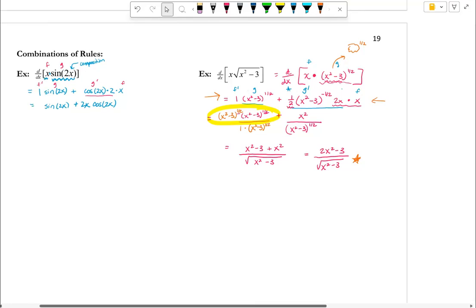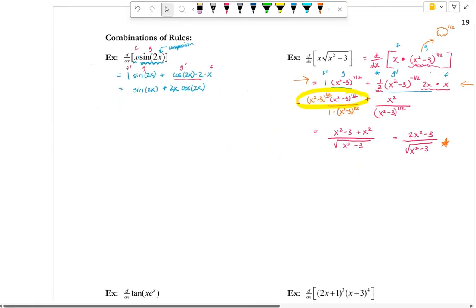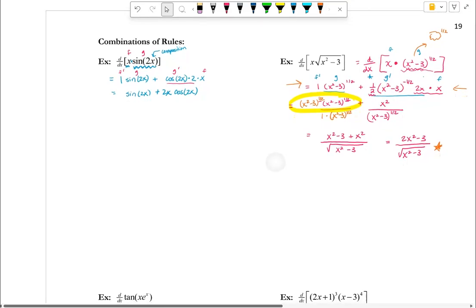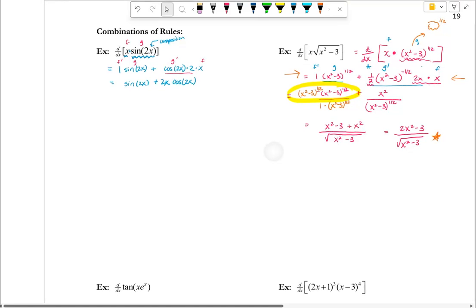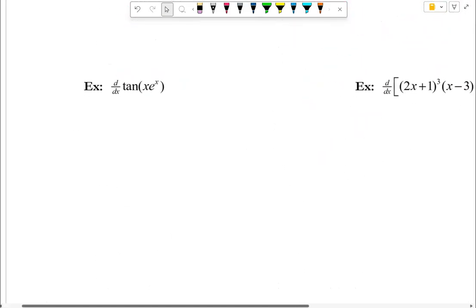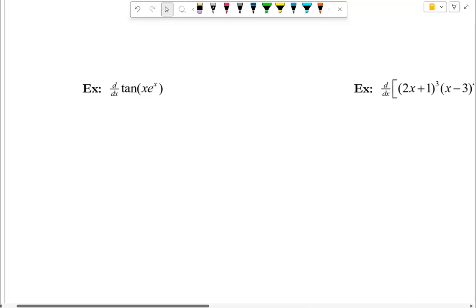All right, so those last two problems we worked with involved the chain rule and the product rule, but that was when we had the product rule and the chain rule was inside of it. Notice this bottom left example, the derivative of the tangent of x times e to the x. So this is similar, but it's kind of the opposite.